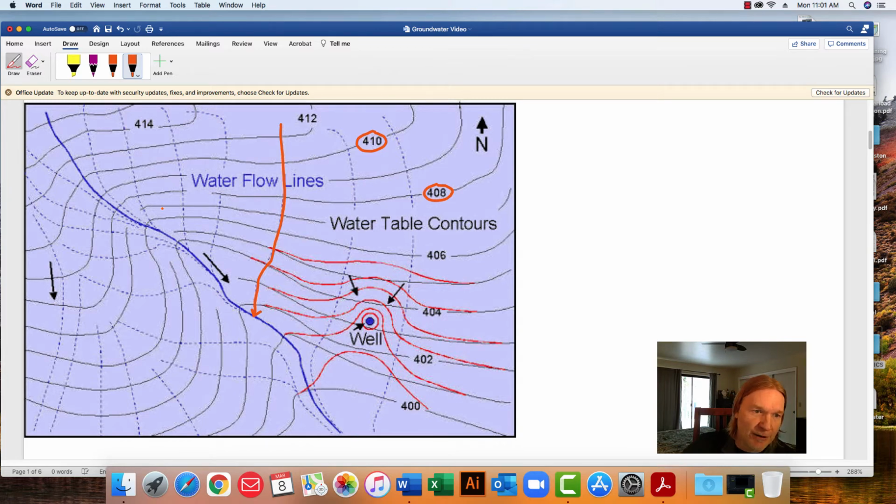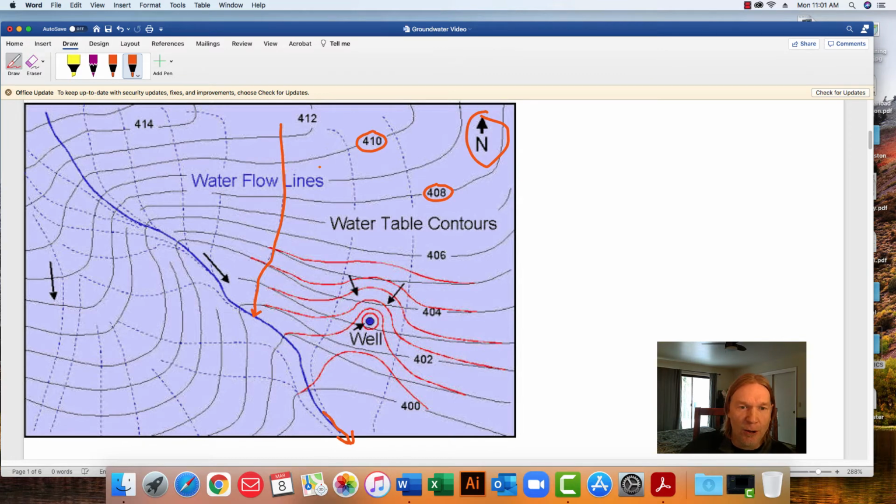And just like the previous map, the contour lines point in the upslope direction. So I know that this stream is flowing down towards the lower right. Well, if this is north, the stream would be flowing down to the southeast, going down in this direction. Arrow there.